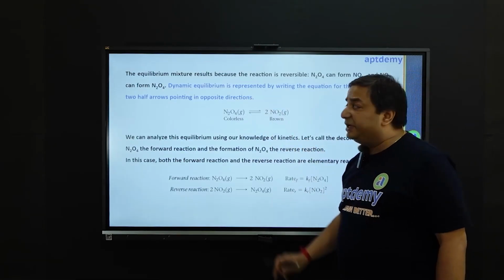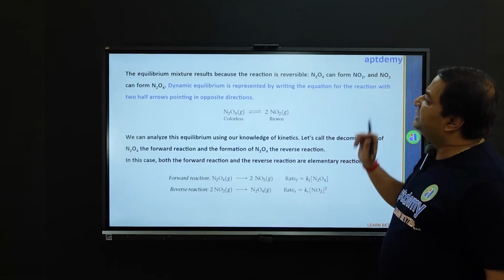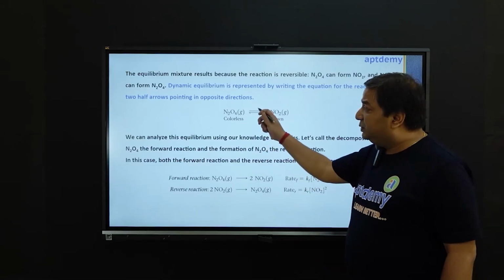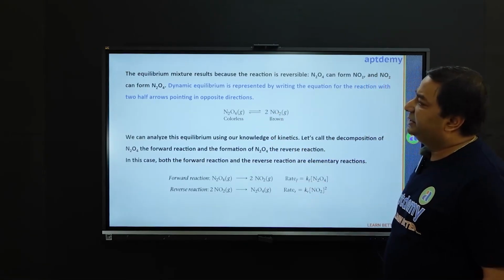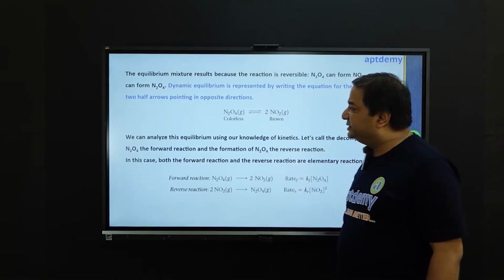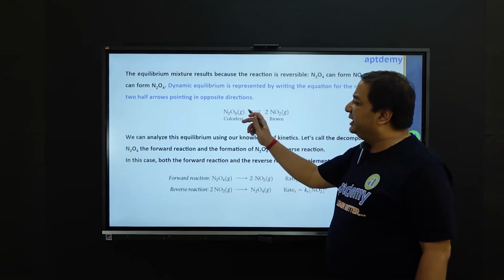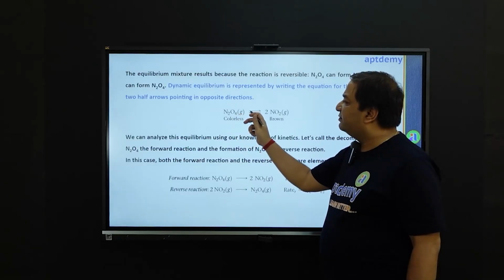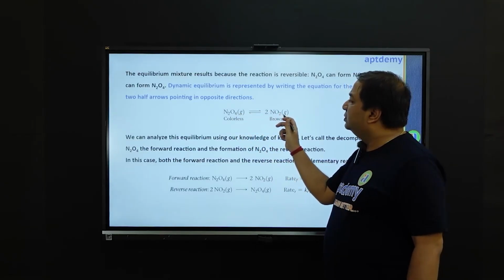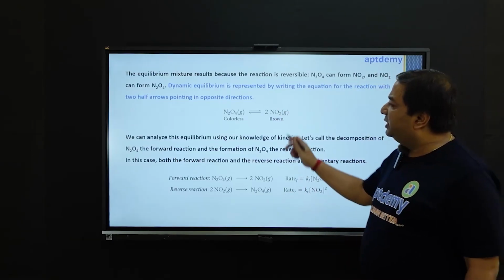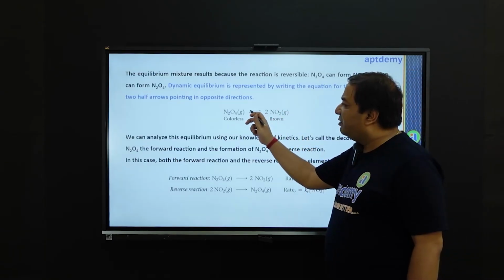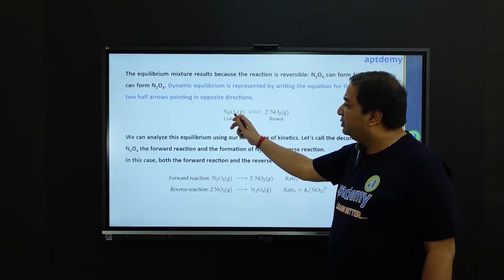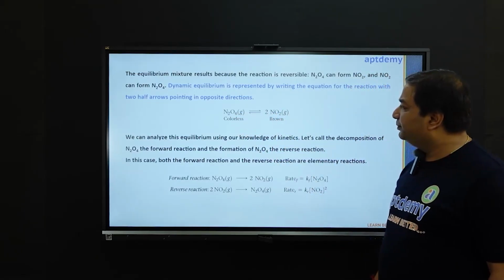This is called dynamic equilibrium, and it is represented by writing the equation for the reaction, in which we use two half arrows pointing in opposite directions. This indicates that N2O4 gas, which is colorless, can form two NO2 gas molecules, which is brown in color, and that forward reaction is indicated by this half arrow pointing from N2O4 to NO2.